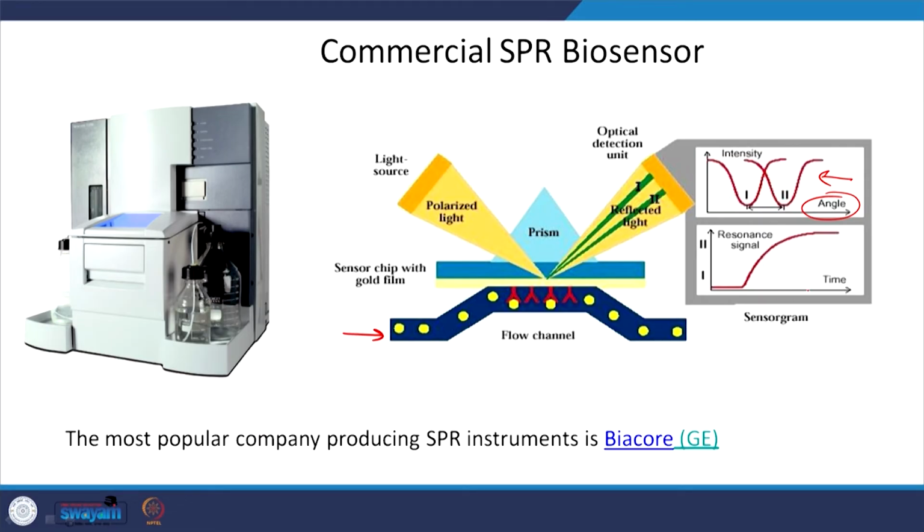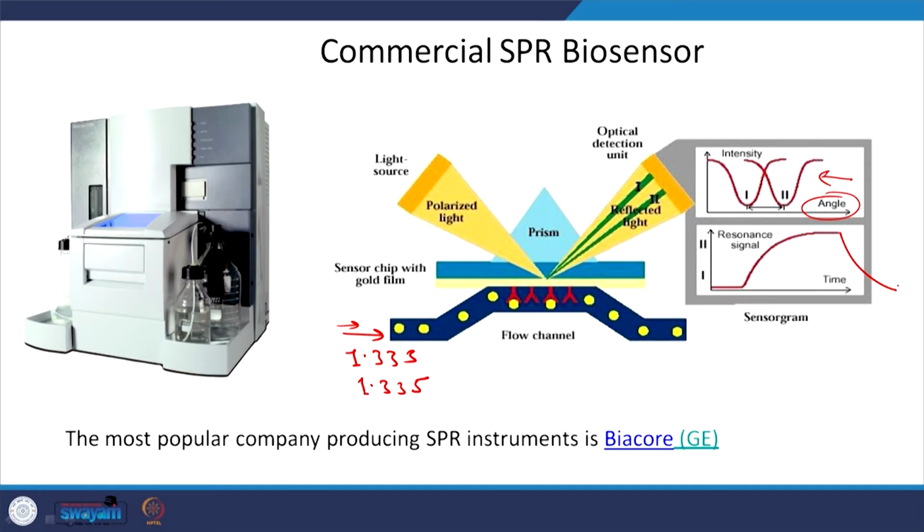So, with time, suppose you had refractive index 1.33, now you added something, it became 1.333, now it is 1.335. This small change will get reflected here with time. Now, if you wash it again, it will come down like this. That is how they make a sensorgram.